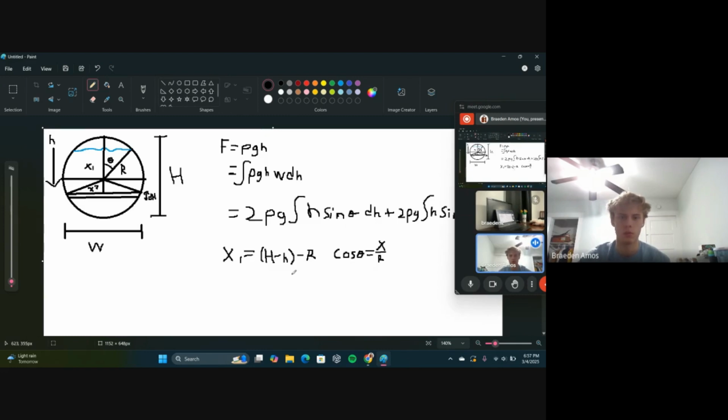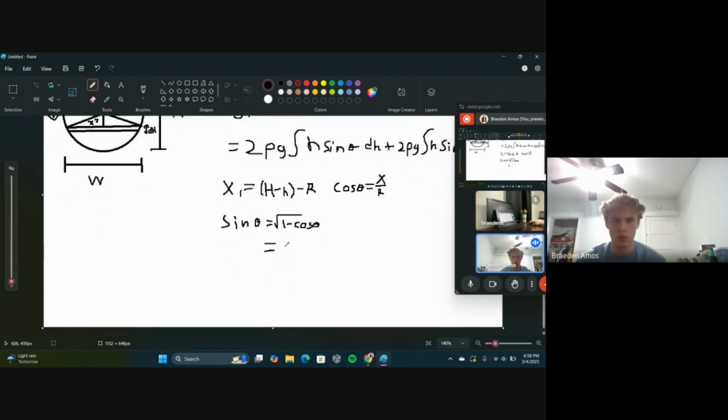So what we can do is sine theta equals the square root of 1 minus cos squared, then we can plug in x over r for cosine.